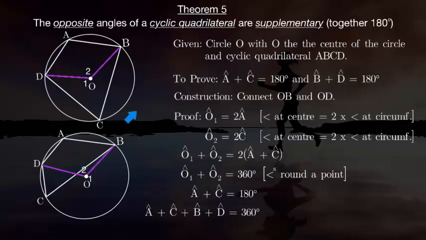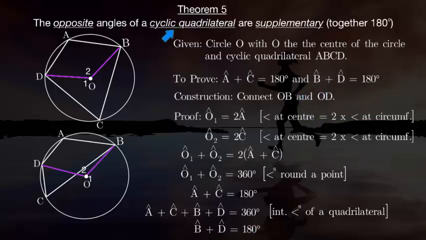It's true for squares, parallelograms, trapeziums, and we can continue like that because the interior angles of a quadrilateral is 360. So we write that down as our reason, the interior angles of a quadrilateral. Now, if A and C is 180, then B plus D must also be 180, and therefore angle B plus angle D is 180 degrees, and we proved the second part.